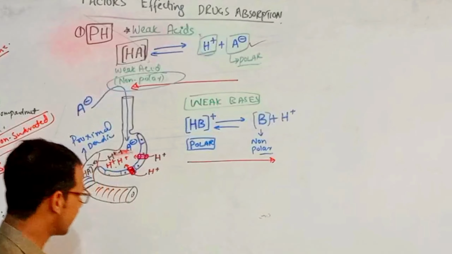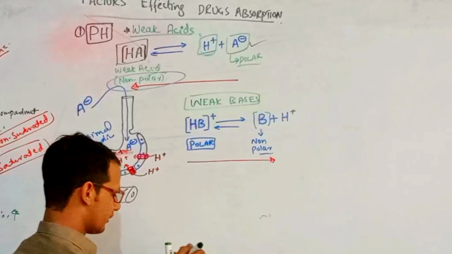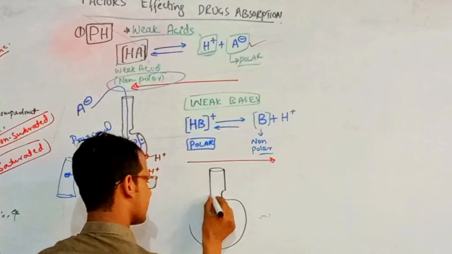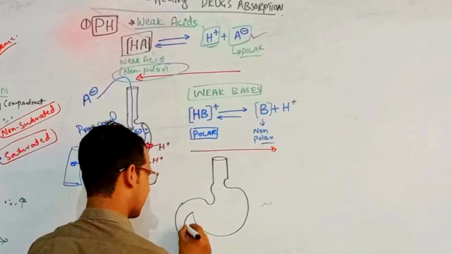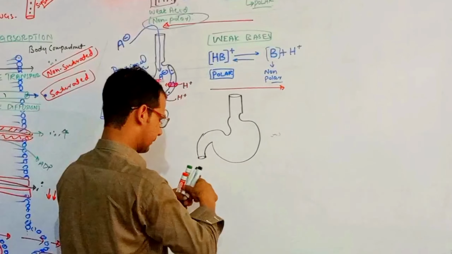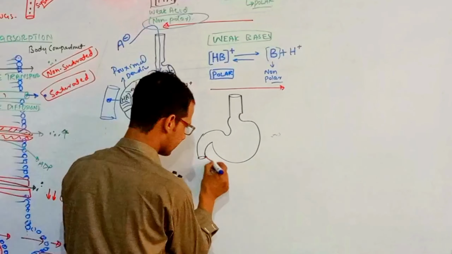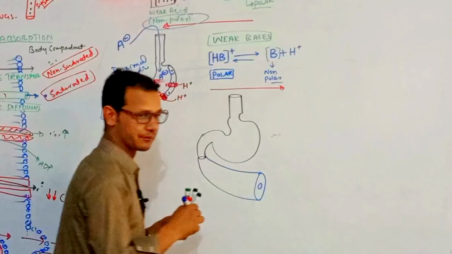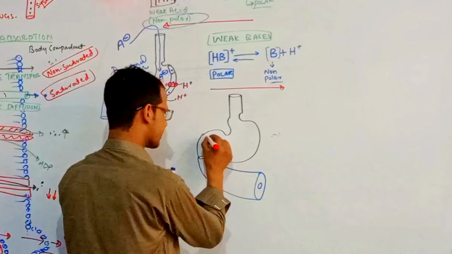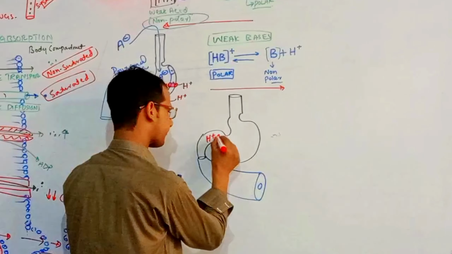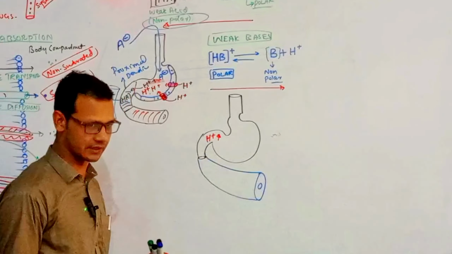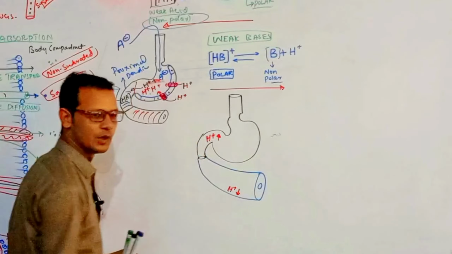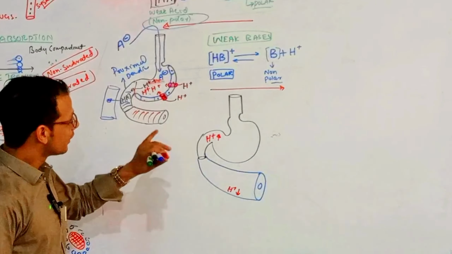Again, this is the stomach, this is the proximal duodenum, and this is the distal duodenum. Here the hydrogen ion concentration is high because this is an acidic area. Here the hydrogen ion concentration is low, right?